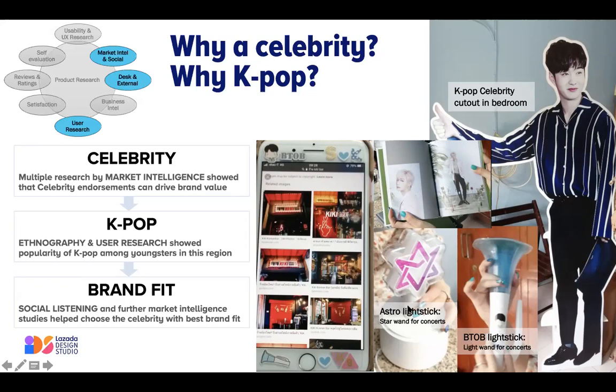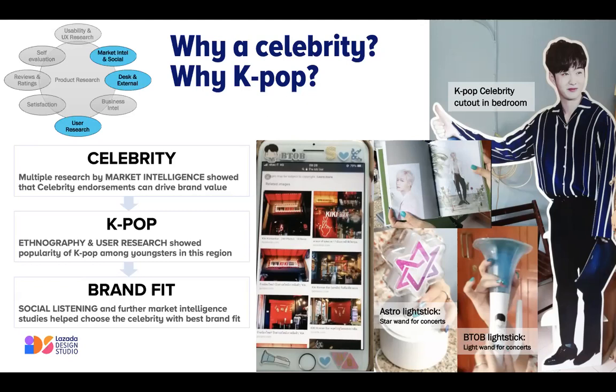And if you follow K-pop, you'll know that all the bands have a different light stick. When you go to their concert, you have to carry that particular light stick, and it has different shapes. If you were not aware of it, you can go and check on Google. You will see that everyone has a different shape and a different flashing light or some features associated with it.